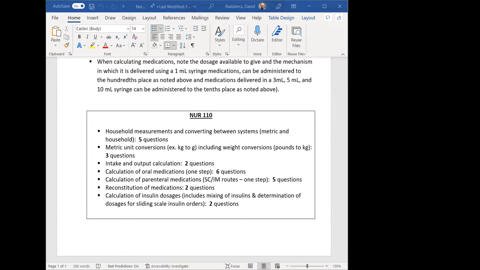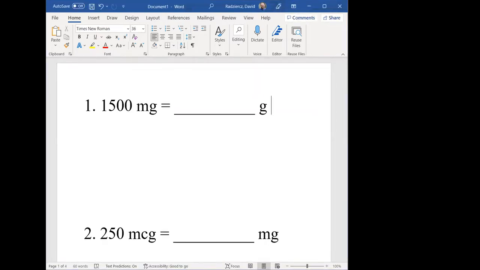All right. So what I'm going to do now is switch over to some practice problems here. The first few problems you'll see associated with your dosage calc test are going to be these household and metric unit conversions.